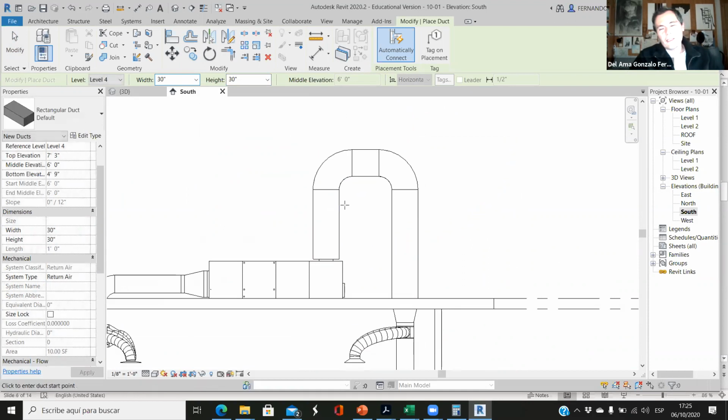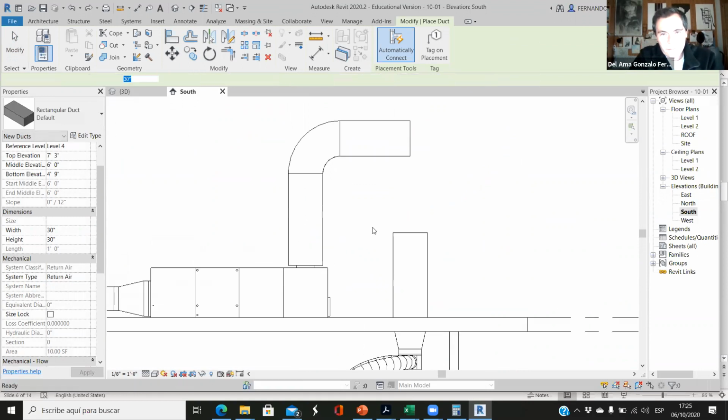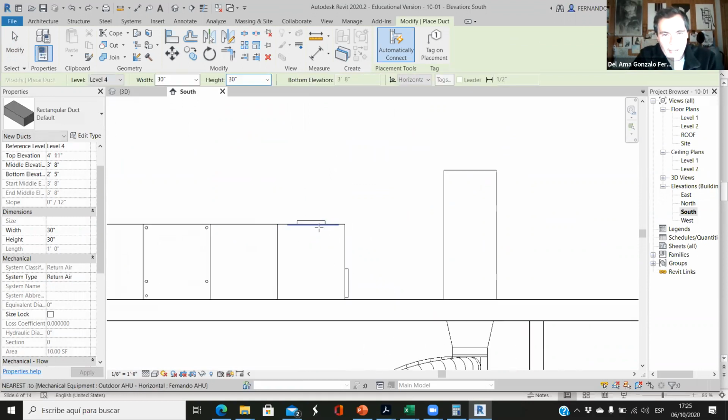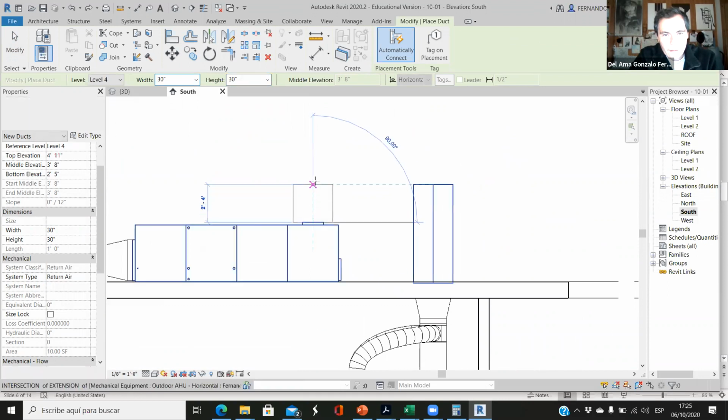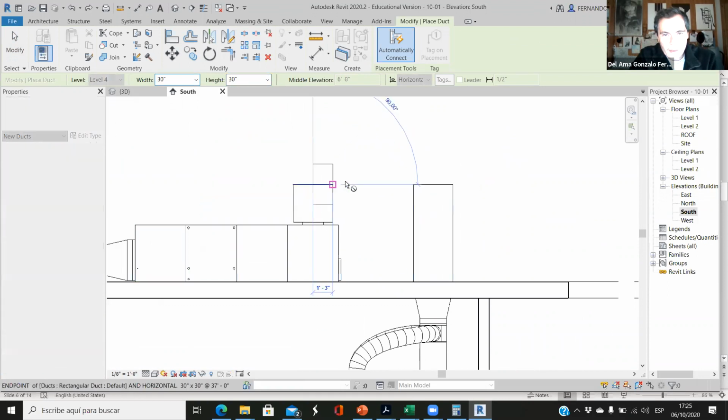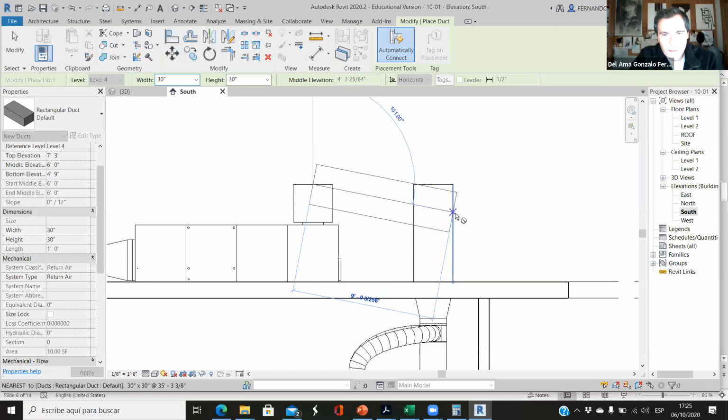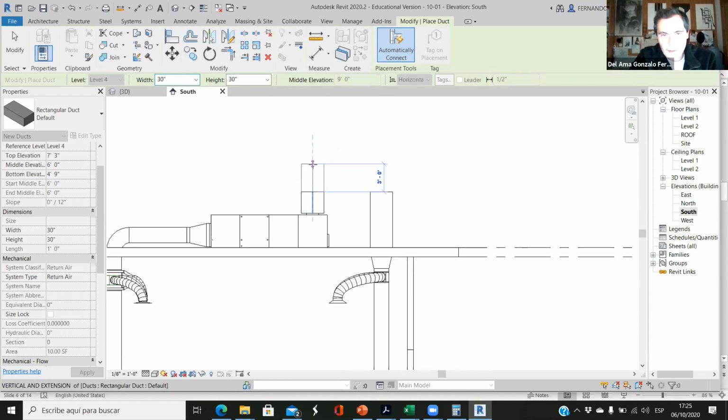But this height has to be higher, because by doing this and this, look, it doesn't work, it's not high enough. So I have to go higher, and then I have space for the elbow.